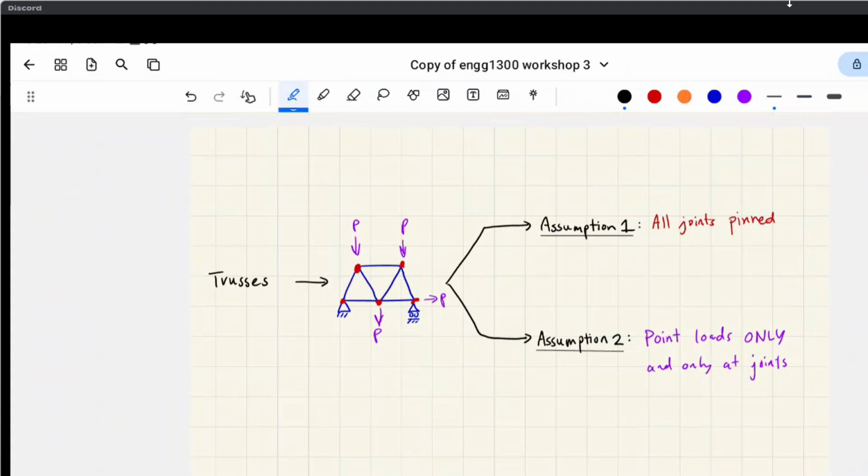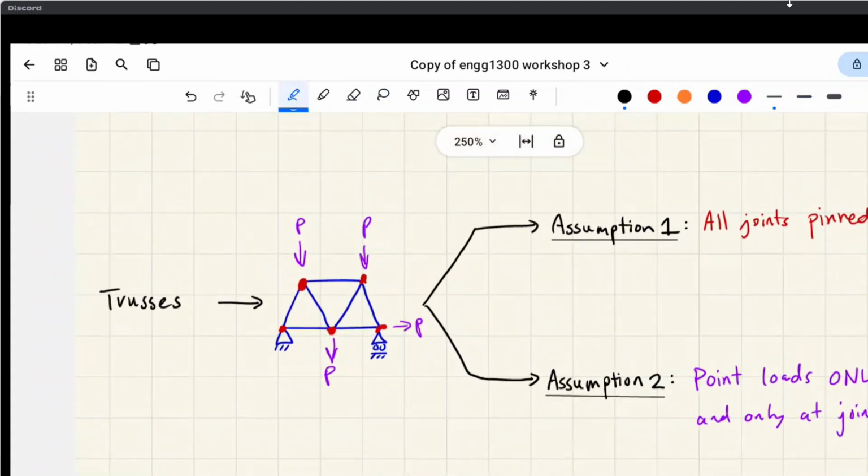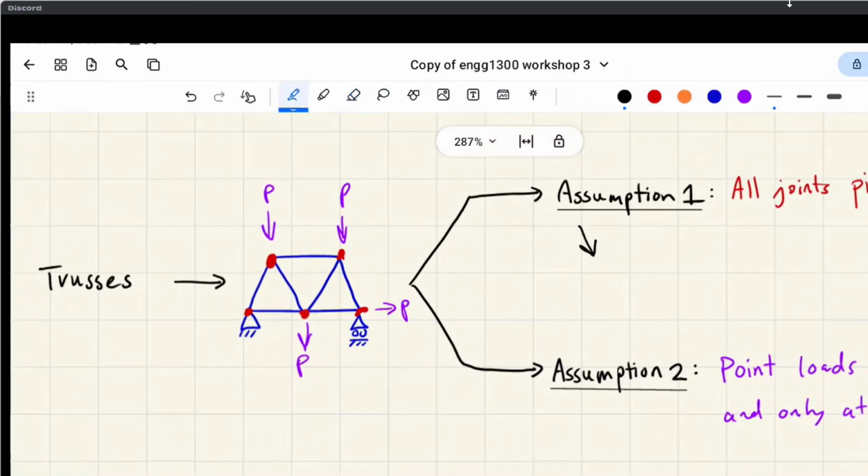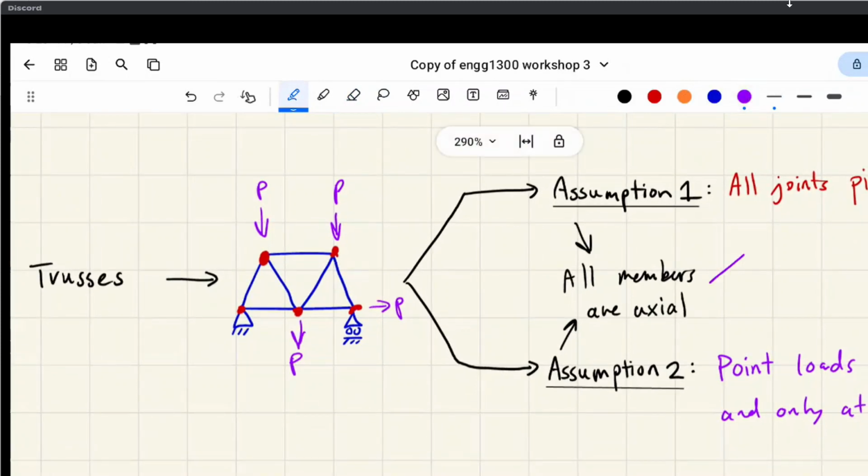Yeah. So effectively, the most important thing to note about trusses, and due to these assumptions, is that all the members in a truss are axial, right? Therefore, they can be in tension or compression.